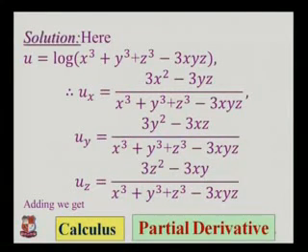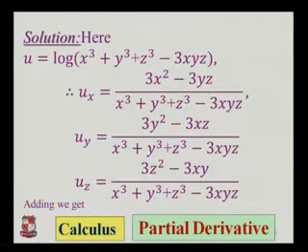Derivative of y cube is 3y square. Derivative of z cube is 0. For minus 3xyz, x and z behave as constants because we are taking the derivative with respect to y, so the derivative of y will be 1. So we have this answer.